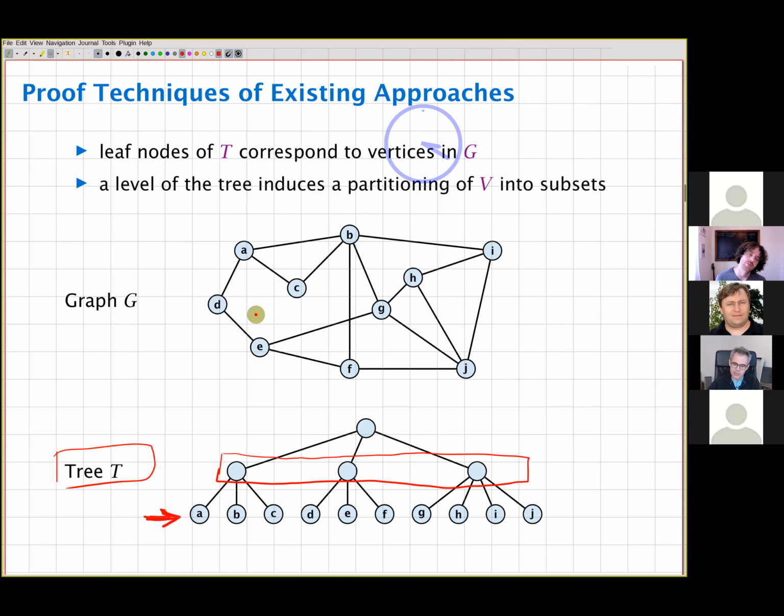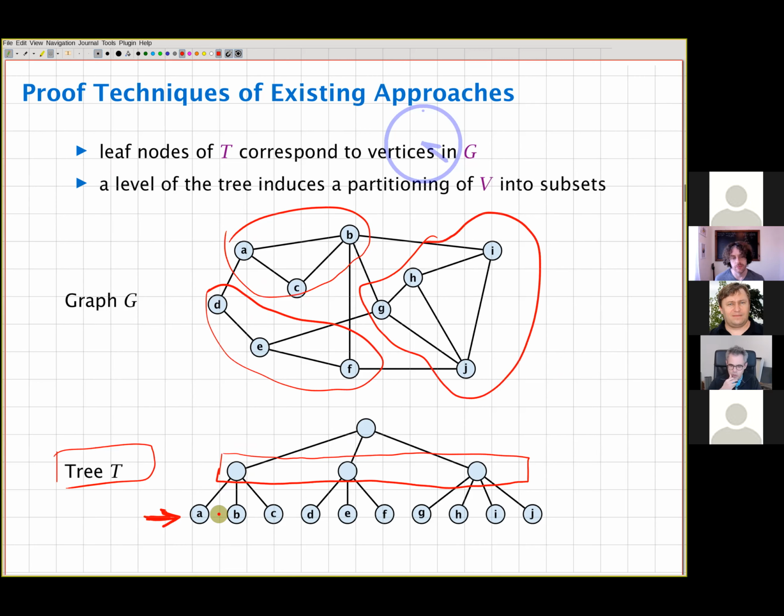So here I have the subset A, B, C, this is one subset, I have this subset, there's this subset. And then I have a subset for this vertex that contains all the vertices. So the tree forms this laminar family.